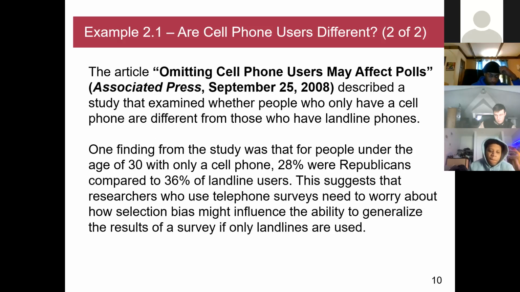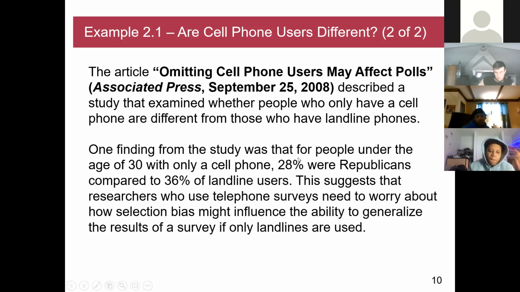Another reason that we might find that our polling isn't quite right. We're missing out on people who don't have landlines. They give an example here. There was a study done that showed that for people under the age of 30 with only a cell phone, 28% were Republicans, compared to 36% of people who also had landlines, were landline users.